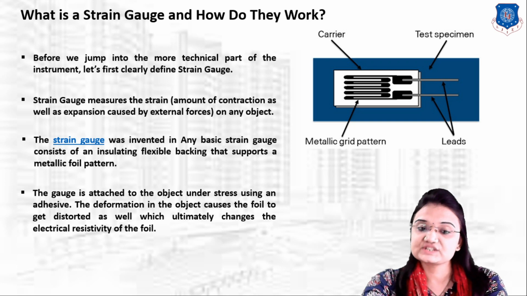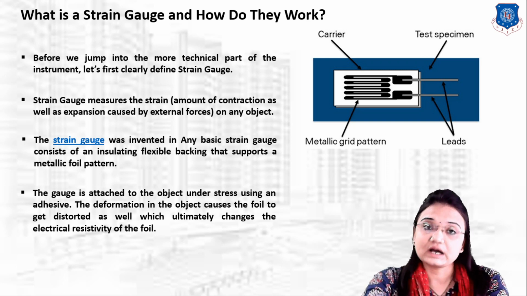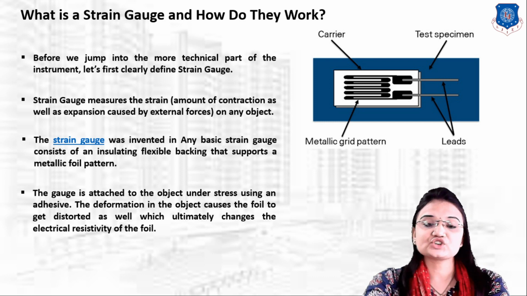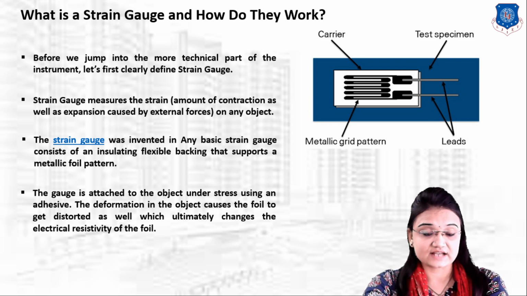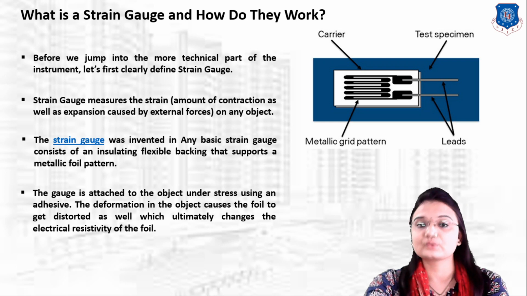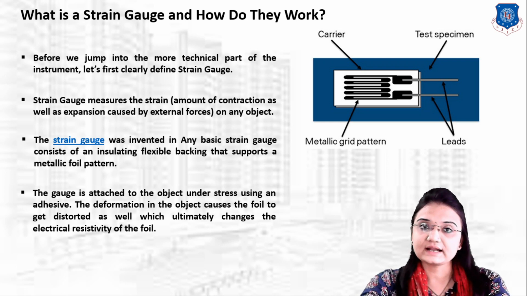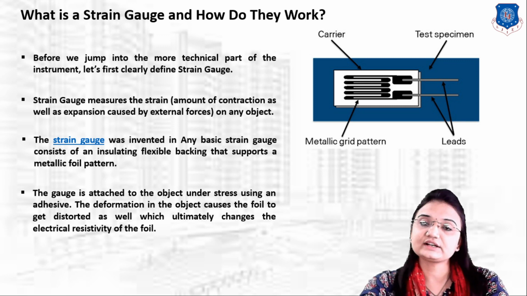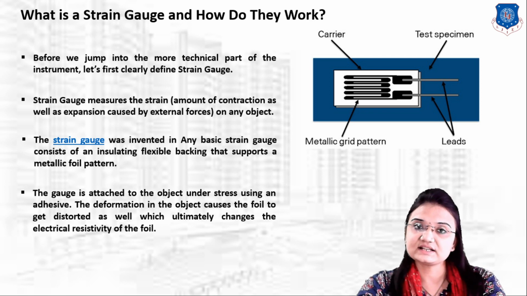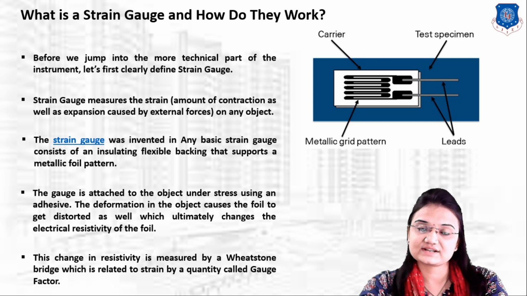The gauge is attached to the object under stress using an adhesive, and any deformation in the object causes the foil to get distorted, which ultimately changes the electrical resistivity of the foil. So by measuring this change we can measure the strain.